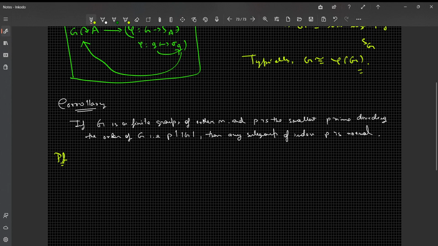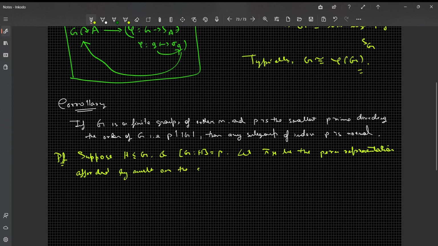Proof. Suppose H is a subgroup of G and the index of H in G is equal to P. Then let pi H be the permutation representation afforded by multiplication on the set of left cosets of H in G. That is the same action which we were speaking about since long.